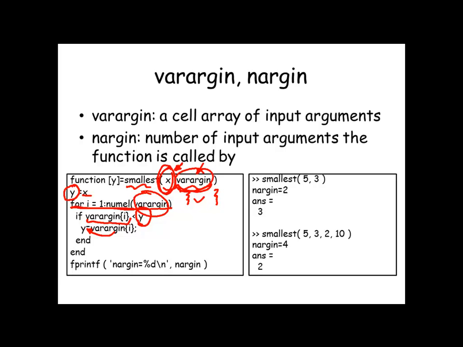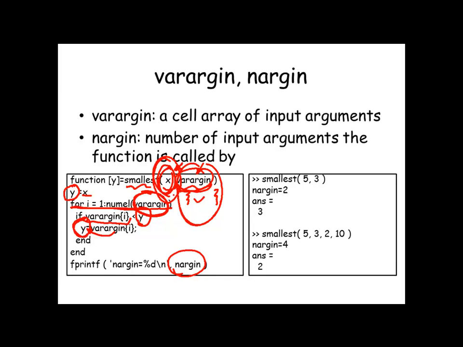After we have finished covering all of the varargins, the variable y will contain the smallest input provided to this function. There's another special variable named nargin, whose value will be the number of inputs provided to this function, which will be equal to the number of elements in varargin plus the number of any named arguments that you have in this function.